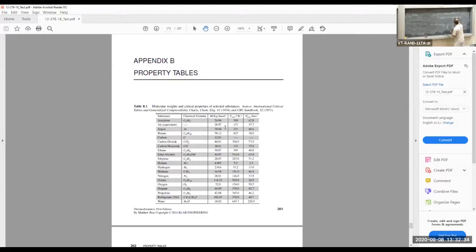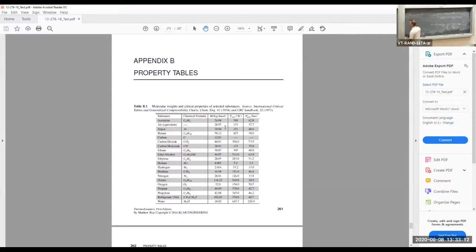Negative, sorry, there's a negative sign here because U2 is less than U1. Negative 760 kilojoules. Q1 to 2 equals negative 760 kilojoules.